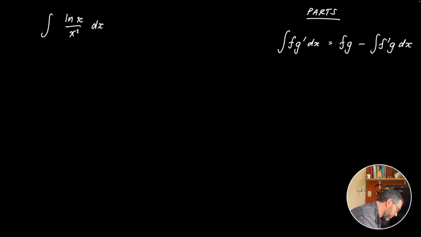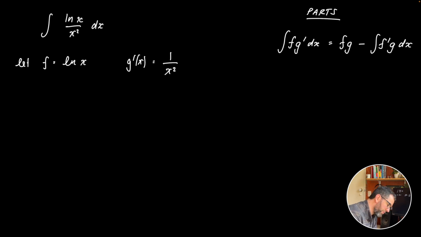So let's look at this first problem, the integral of log x over x squared dx. The thing that we like to differentiate here is the natural log, because we know that'll turn it into a 1 over x. So if we were to approach a problem like this one by parts, my parts will be first log x. So I'm going to say let f equal log x, and I'll let g prime be whatever's left, 1 over x squared.